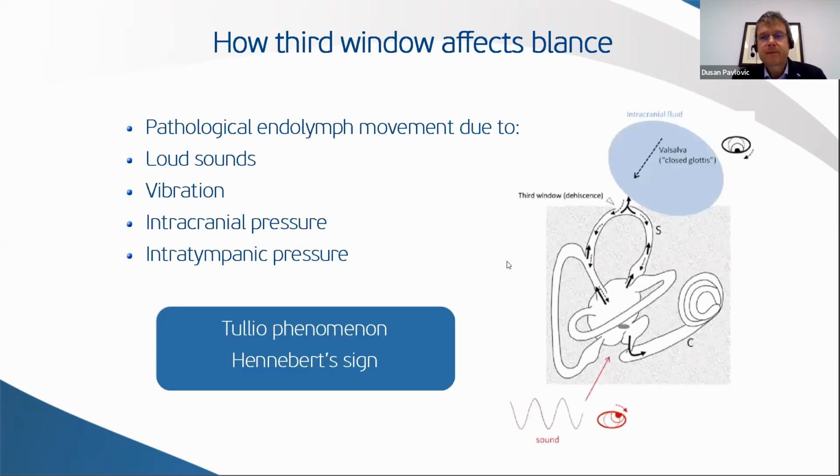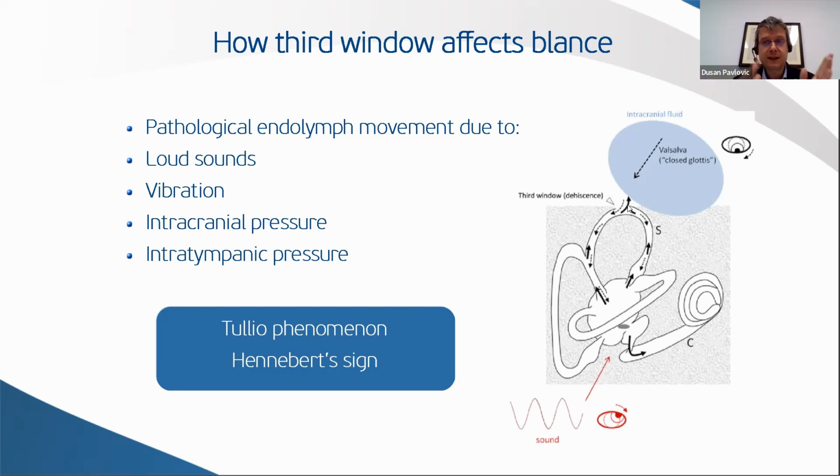And this is the explanation of how dehiscence affects our balance. Since here is the dehiscence, air-conducted sound actually makes more endolymphatic flow. So here is a place of less resistance. We say the impedance is lower, so the movement of endolymph is bigger.